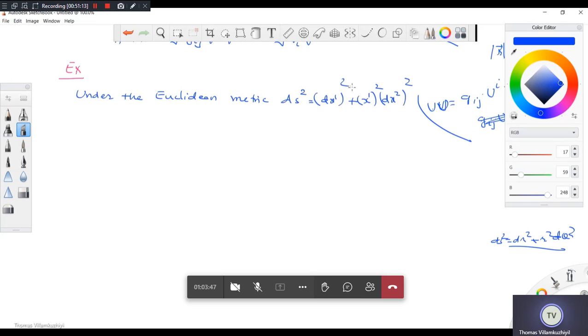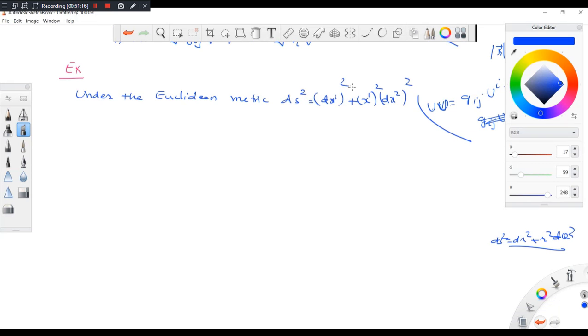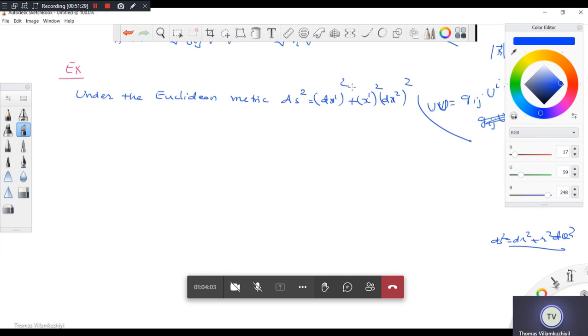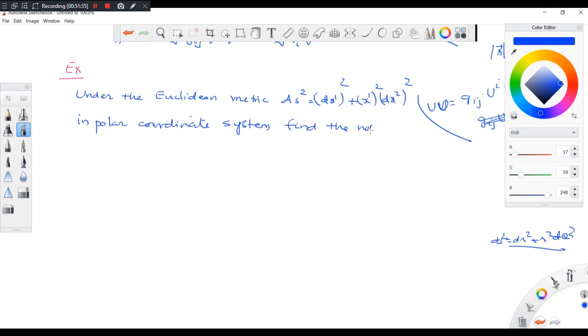Okay, in the polar coordinate system, the last problem we did, the first problem was this. In the polar coordinate system, find the norm of the vectors ui equal to (3/5, 4/(5x1)) and vi equal to (-4/5, 3/(5x1)).